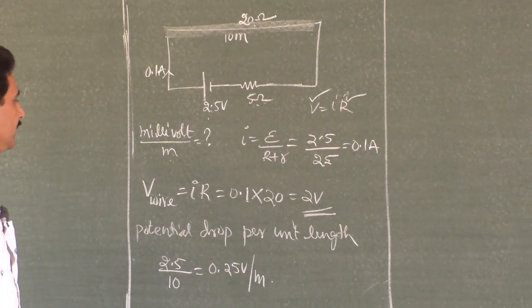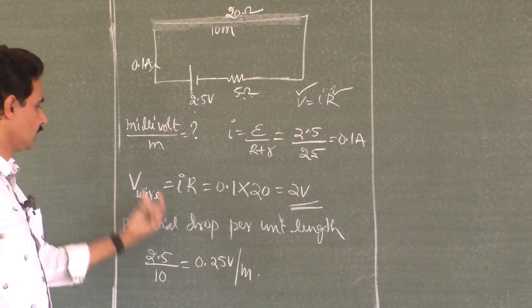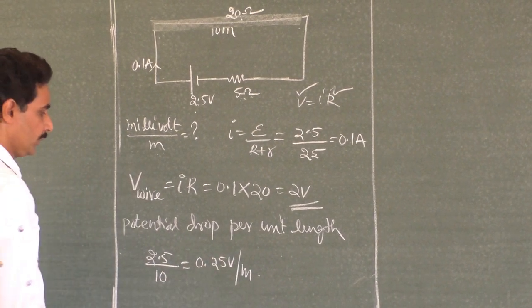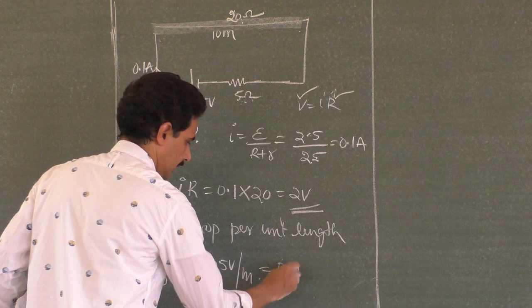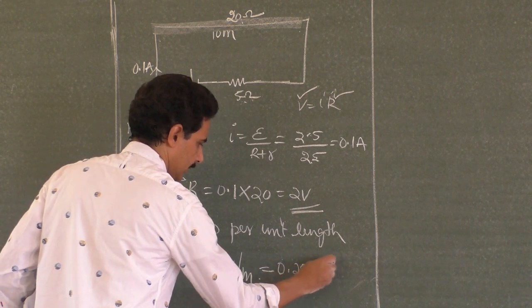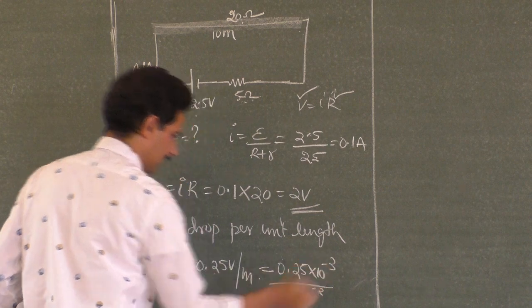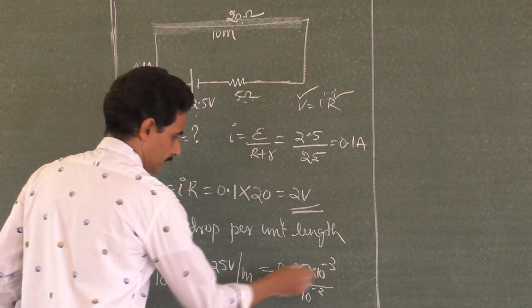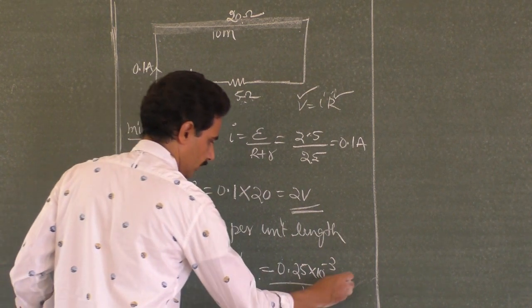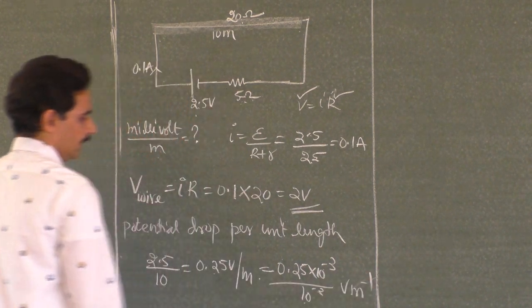But they want it in millivolt per meter. How to get millivolt? If you want a milli here, multiply by 10 to the power minus 3. 0.25 into 10 to the power minus 3. I will divide by 10 to the power minus 3 also, otherwise it will not be milli. So multiply and divide. So volt per meter, correct?